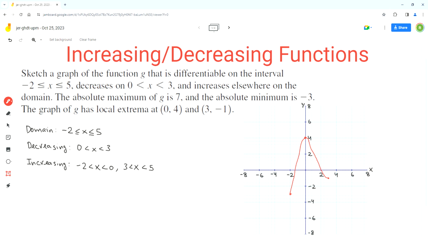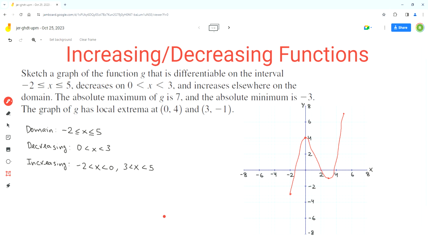And since the domain ends at 5, the endpoint for this graph will be (5, 7), and that will be this point. So now we can join the point to the local minimum. So this should be the sketch of function g.